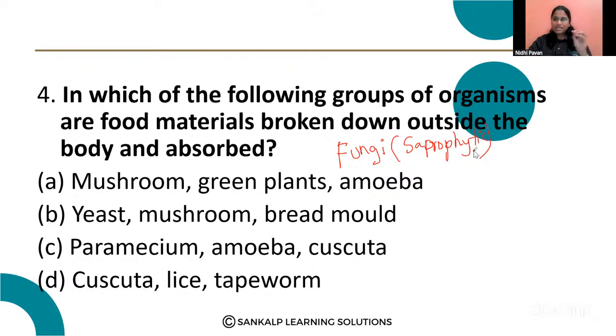These depend on dead and decayed organisms. They feed on dead and decayed organisms. That is why they break down the food outside the body and then absorb the simple substances. So we have to see where the examples of fungi are. Look at the first option: mushroom is an example of fungi. But green plants are not an example of fungi. Amoeba is not an example.